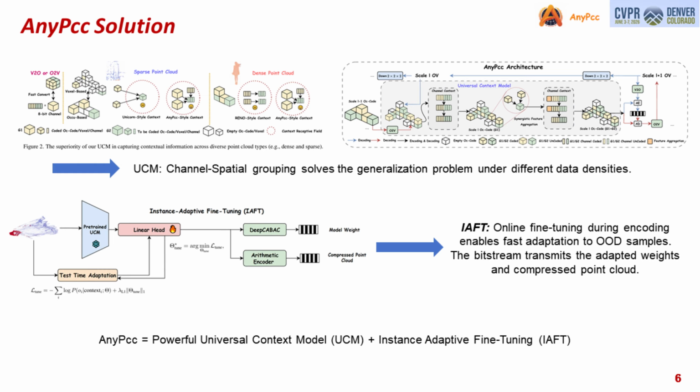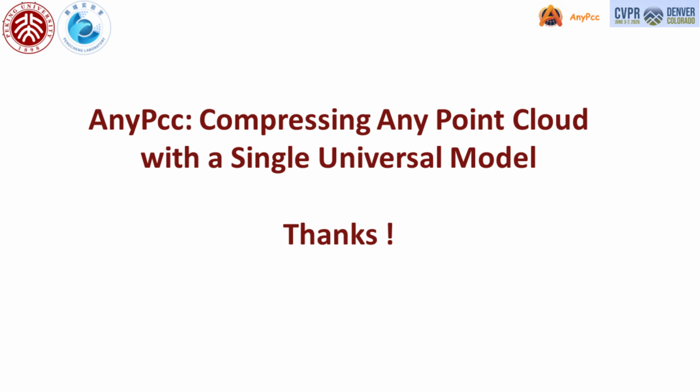This allows the model to quickly adapt to each out-of-distribution sample. After adaptation, the bit stream transmits both the compressed point cloud and the adapted weights. In this way, AnyPcc combines the generalization of implicit methods with much faster and more adaptive encoding. To conclude, AnyPcc provides a unified and adaptive solution for compressing heterogeneous point clouds with a single model.